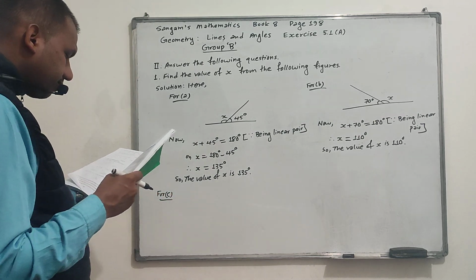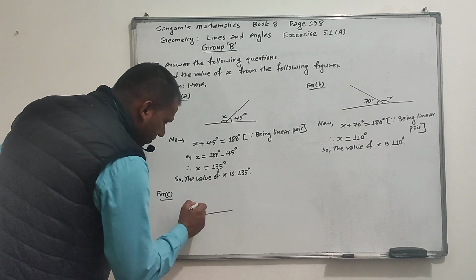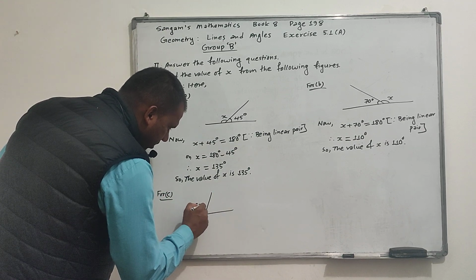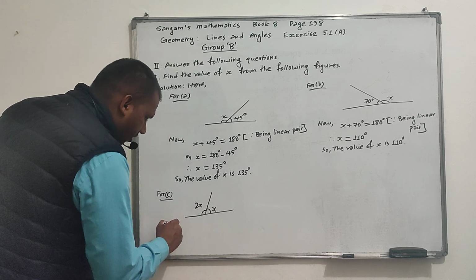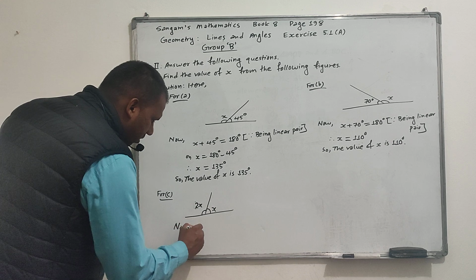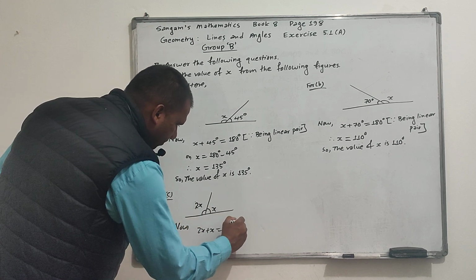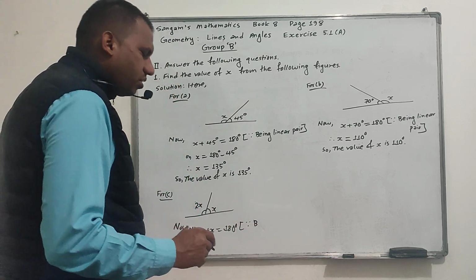Now for C, let's see here. First angle 3x, second x. This angle 3x and that angle x. Now 3x plus x equal to 180 degrees, being supplementary angles or linear pair.